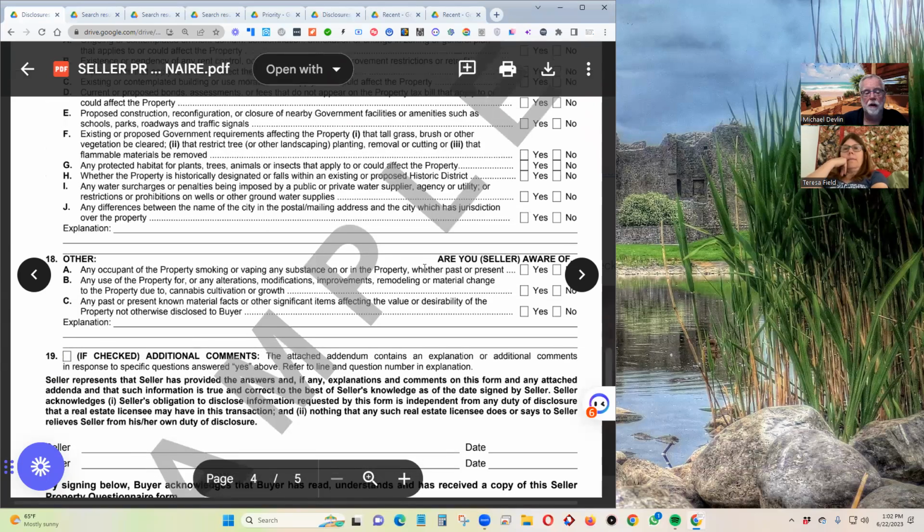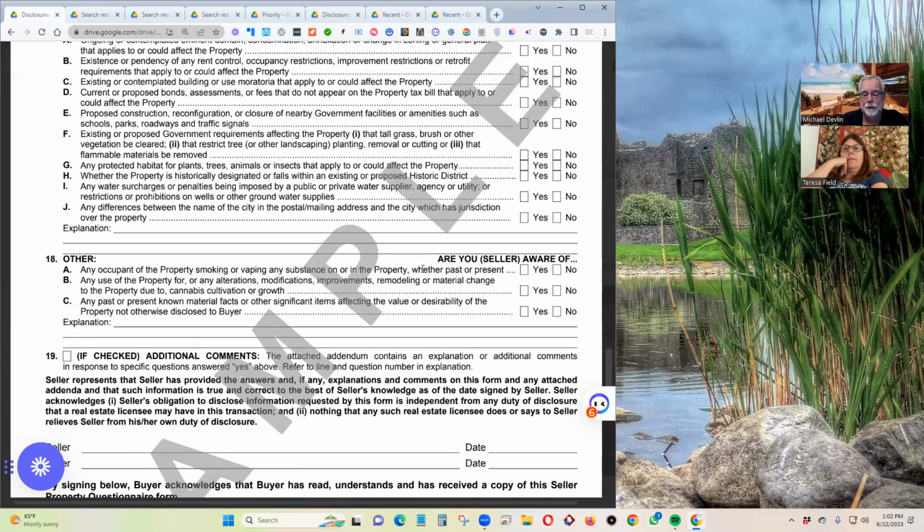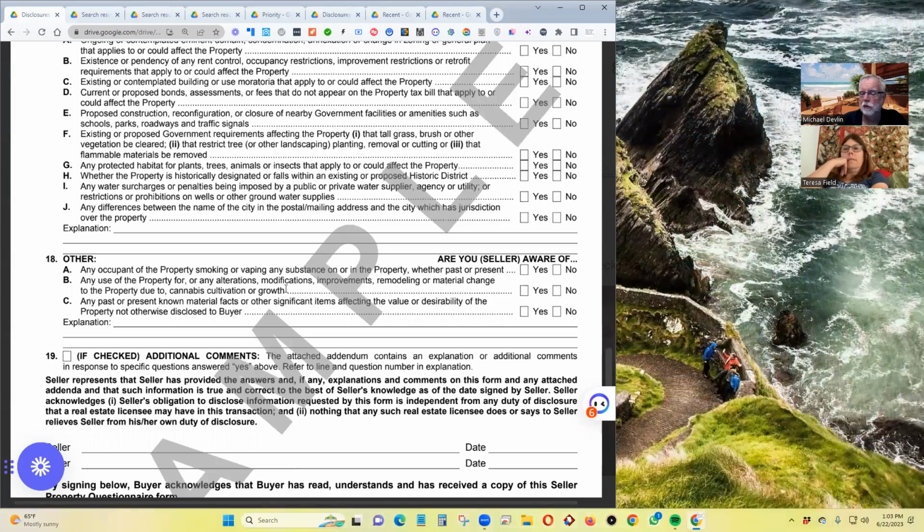Anybody smoking on the property, any remodeling due to cannabis cultivation or growth? That's what all that extra power in the attic was for. Any other material facts, any past or known material facts or other significant items affecting the value or desirability.